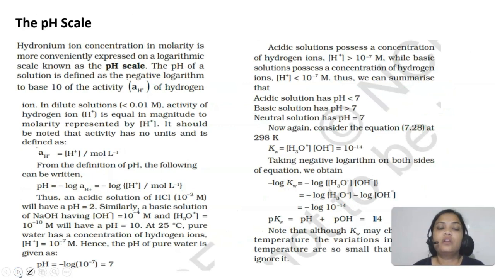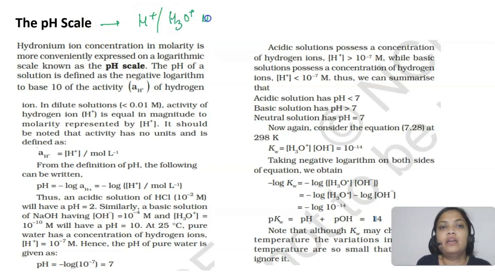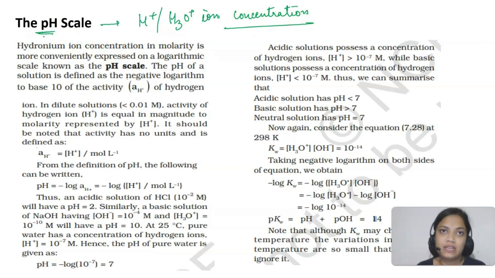Okay. So now let us talk about the pH scale. So students, basically in pH, what do we represent? We represent the hydrogen, or you can say hydronium ion concentration. Okay, this is what we are expressing with the help of the pH scale. P means power of hydrogen, we say, power or potence of hydrogen.